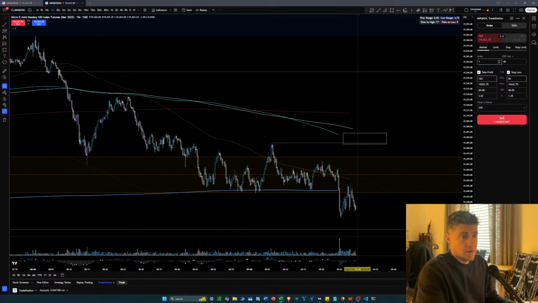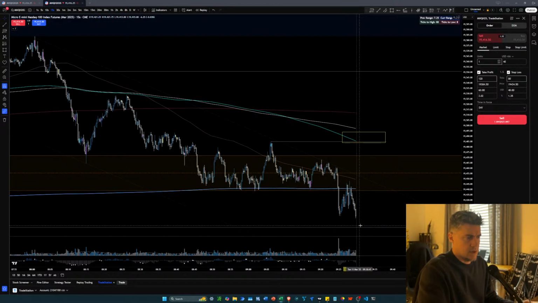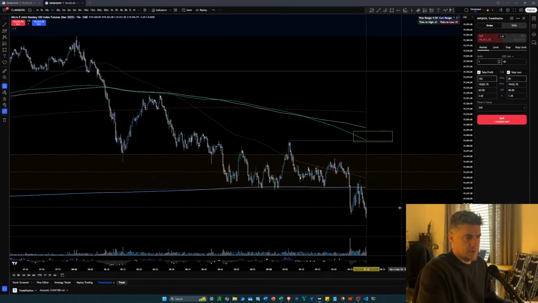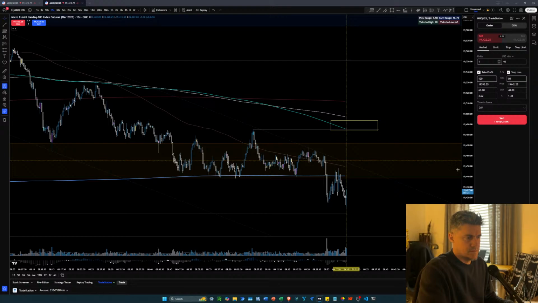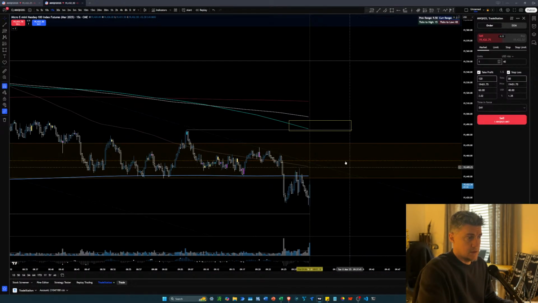If anything, you would get a long signal here for a low risk pre-market entry. Would have had to enter at the 200 period and go break even immediately. But yeah, I could see London lows getting tagged right here at open, and then a pop back up. Okay, not taking this is good actually.